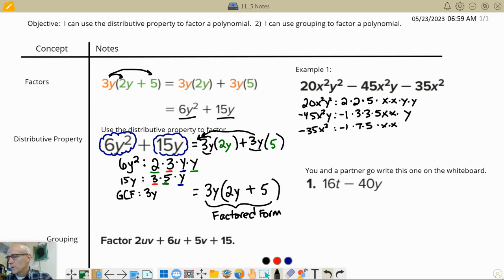All right, so here's my next task. I'm going to identify the like factors. This one's 2, 2, and 5. This one's negative 1, 3, 3, and 5. Oh, hey, 5. Look at this. Is there a 5 down here? Yes. If I didn't have a 5 down here, then I would have gone back and undone my red underlines there. I'm trying to find the common factors here, right?